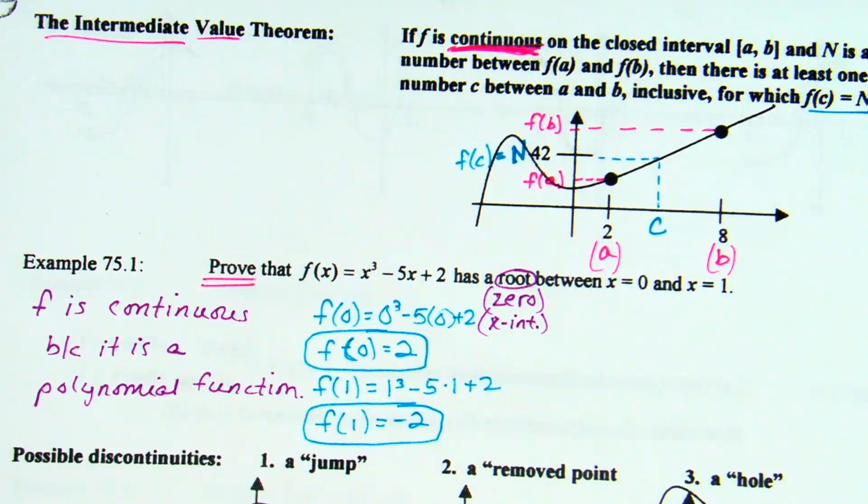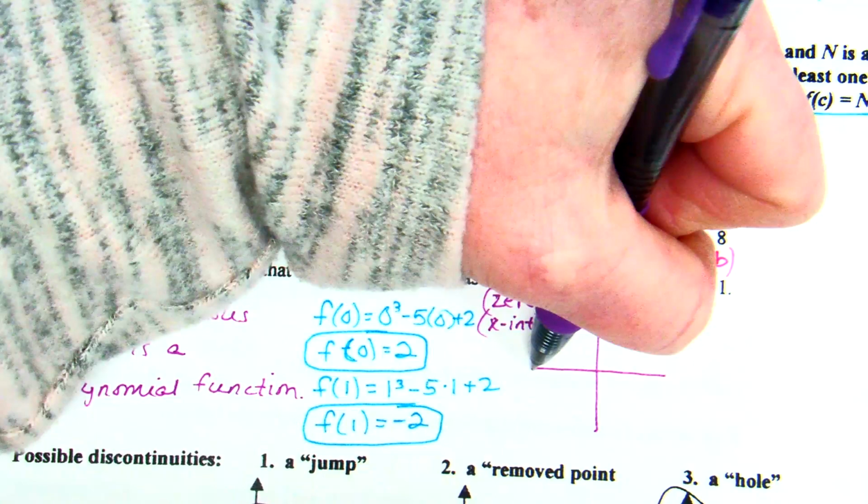If this graph is continuous and those dots are connected, is my graph going to cross the x-axis? And yes, it has to. I'll give you a little visual if you need the visual here. So if it changes sign between those two, then that's when you know there's a root between. So if I graph 0, there's 0, 2.